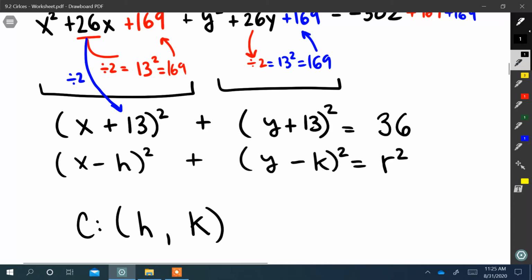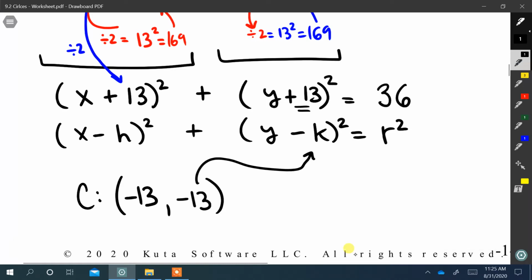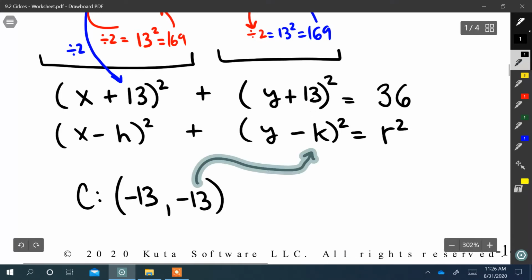So in order to get positive 13, you actually need to put negative 13. It's always the opposite of what you see. If you see a plus 13 there, then it's going to be negative 13. Because if I plug in negative 13 there, then I will get a negative, and a negative will equal positive 13. And that's why it's opposite.